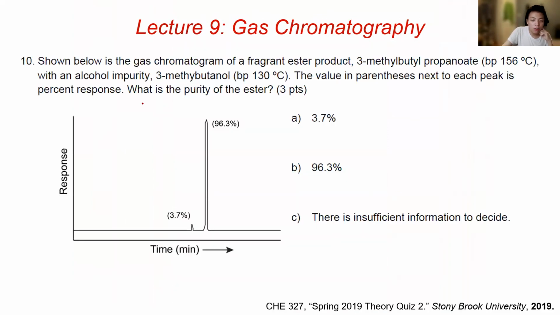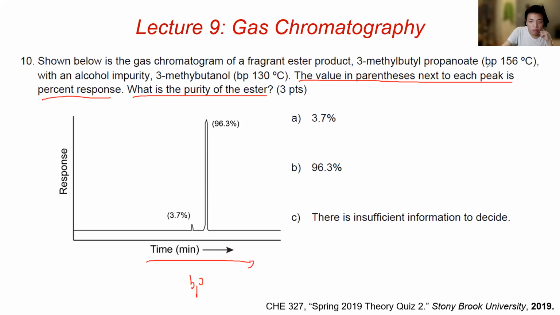And here's a question from the past year repeat. The question asked, what the value of the parentheses next to each peak is, what's the purity of the ester? So we know that the longer the time, the higher the BP.